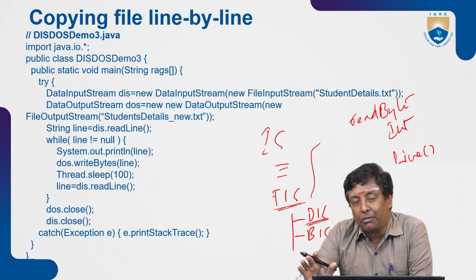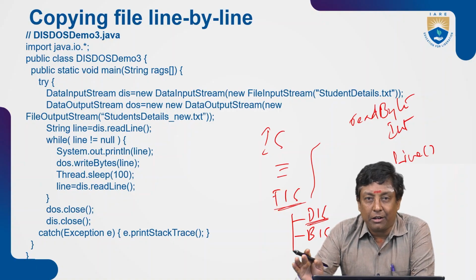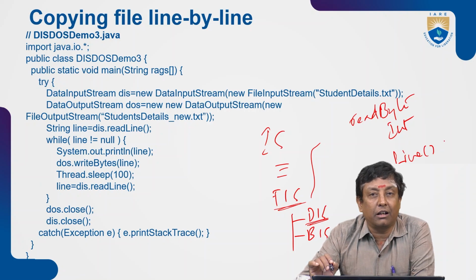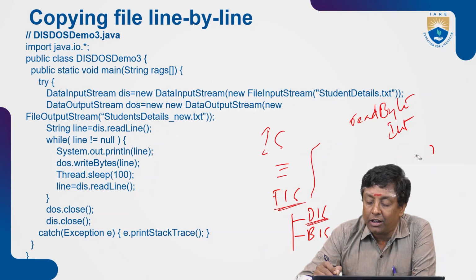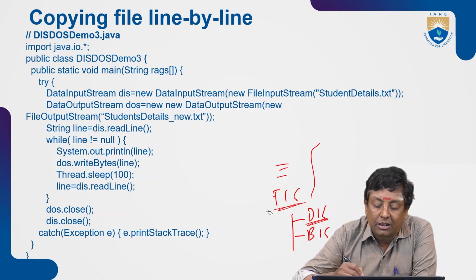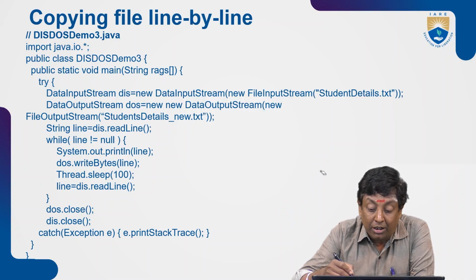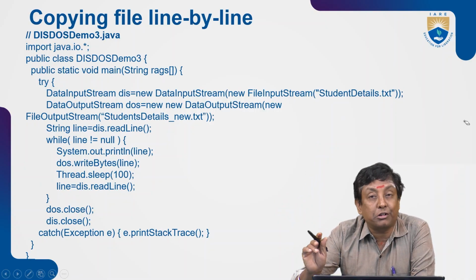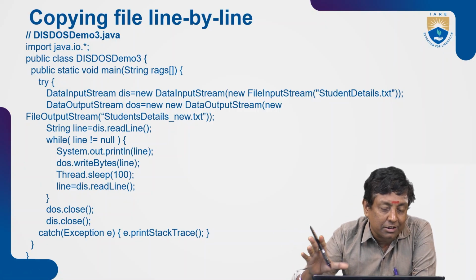Read line is specially used for reading line by line, that means strings. Because for each data type one read method is given in this class, it is named data input stream, but originally it is supposed to be data type input stream.